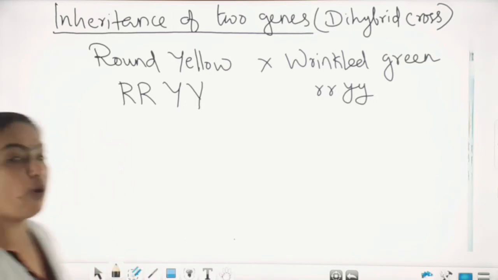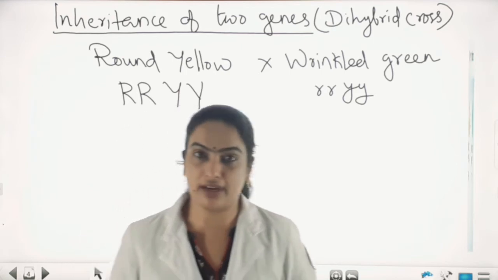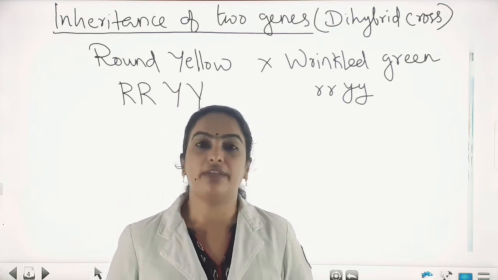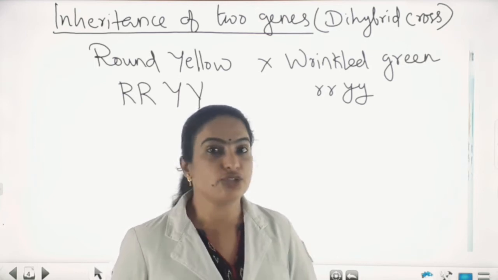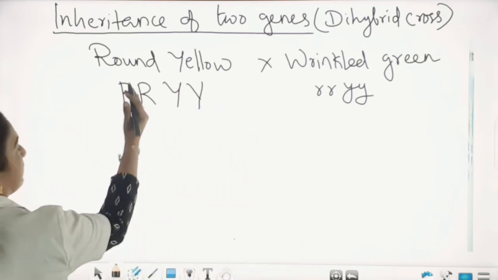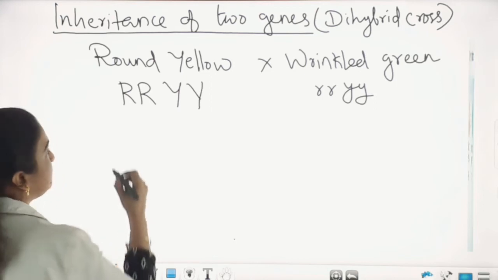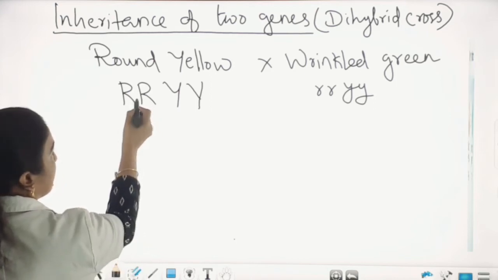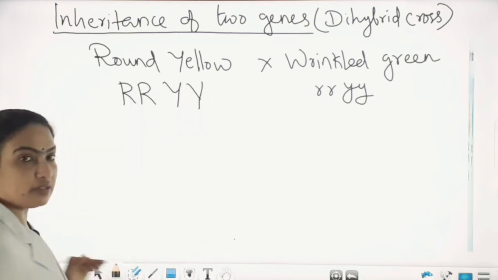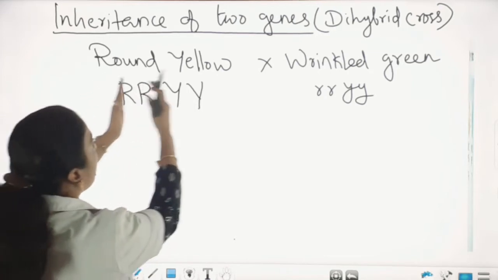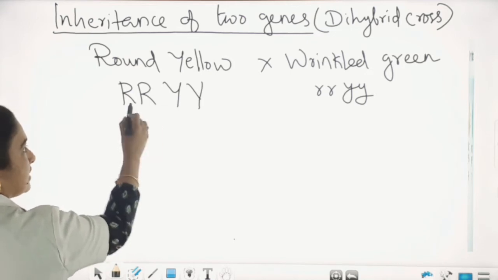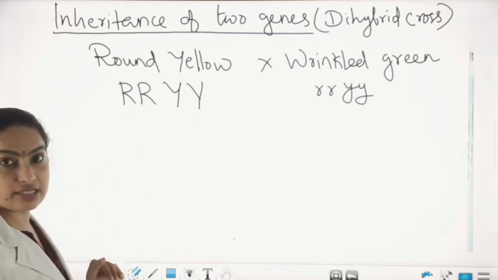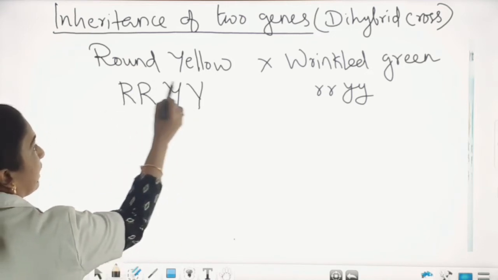Here the law of independent assortment is applied. I told you the law of independent assortment is based on dihybrid cross. So here, at the time of gamete formation, the separation of this pair is independent of this one. That means when two pairs of characters or traits are brought together, these are the two pairs of characters. This is the shape and this is the color.